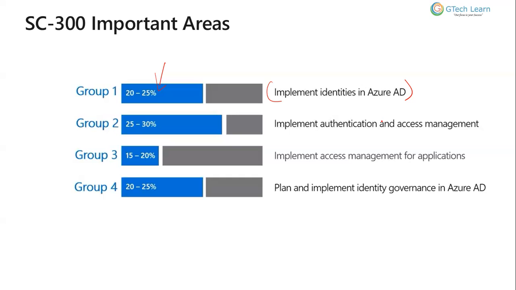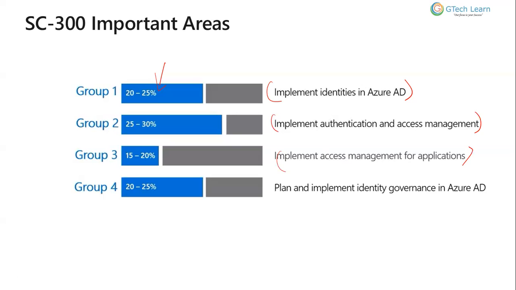So in group 2, we are going to focus on the authentication methods and the access management. What do we have present for the identities? From group number 3, we are going to discuss implementing access management for the applications, that is, how do we go ahead and manage the access for the applications. And from that specific group we can see 15 to 20% of question weightage in our examination.